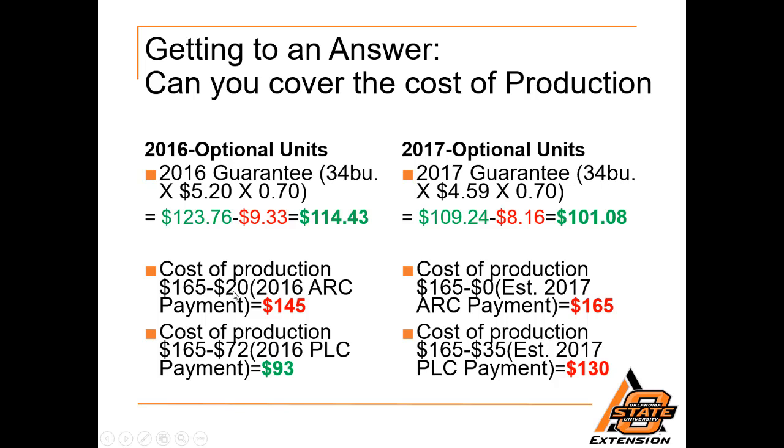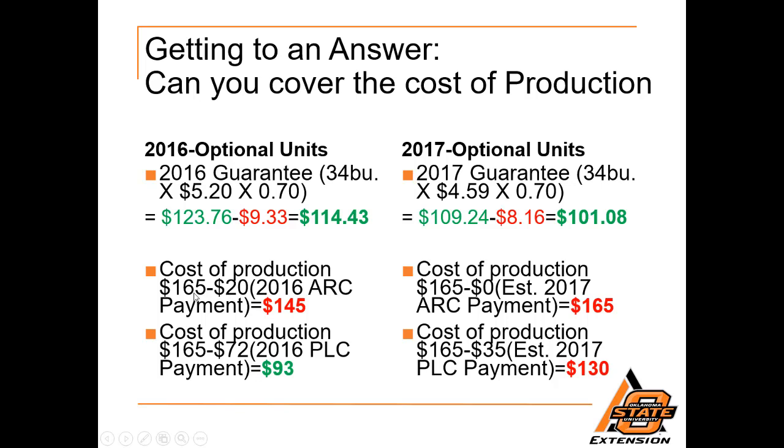And then we're going to figure in that in 2016 there was an Agricultural Risk Coverage payment of approximately $20 for Garfield County, Oklahoma. So that's where we start to determine how the government program decision figures into our crop insurance decision, because we know we have $20 of our variable cost of production covered based on the government program.